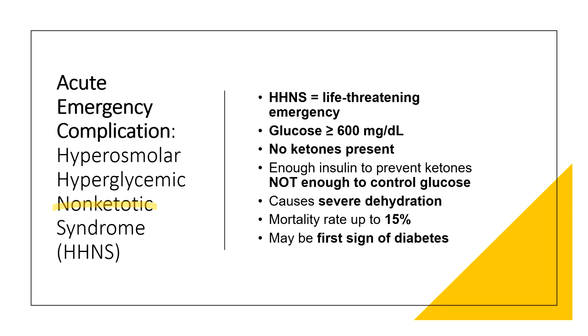Most of the time, we don't catch the dehydration or the very high blood sugars. So the mortality rate is about 15% higher than those of people with DKA. Okay. Some patients who don't know they have diabetes, HHNS could be the first sign of the disease, okay, especially in our older adults. So just like our patients, this is something that occurs acutely.